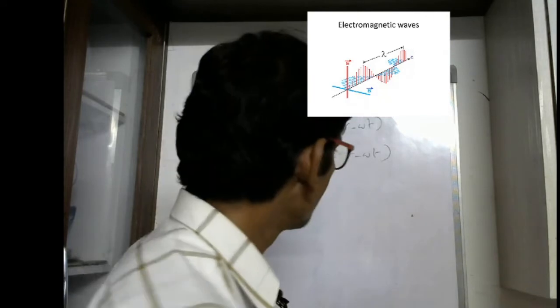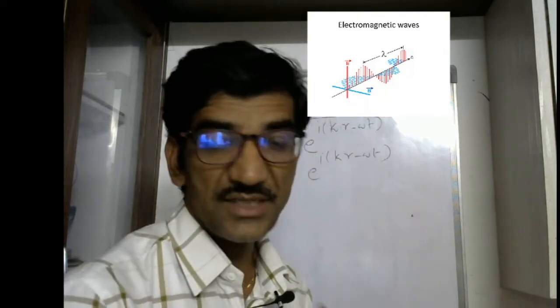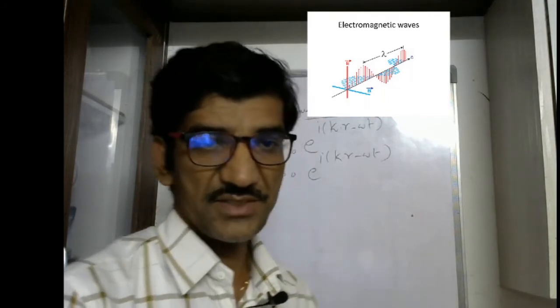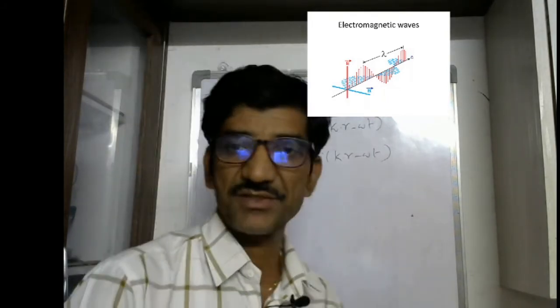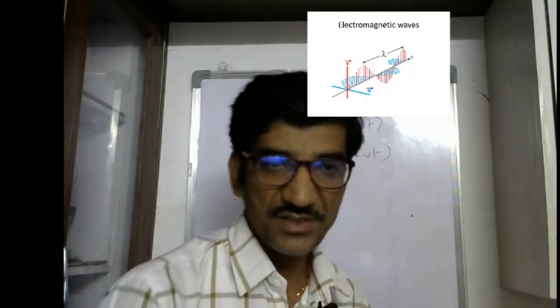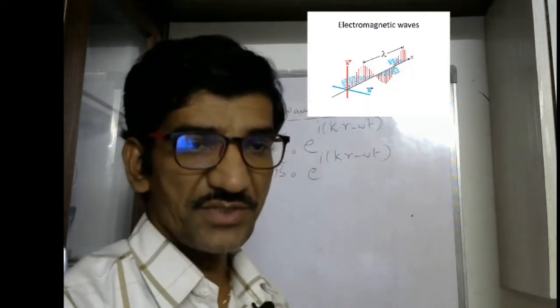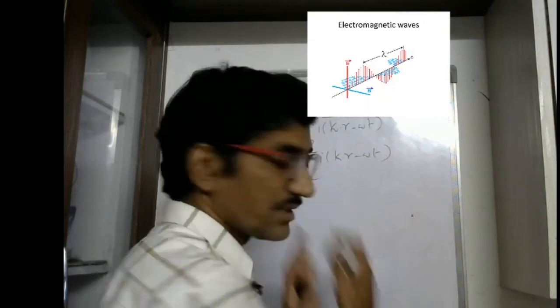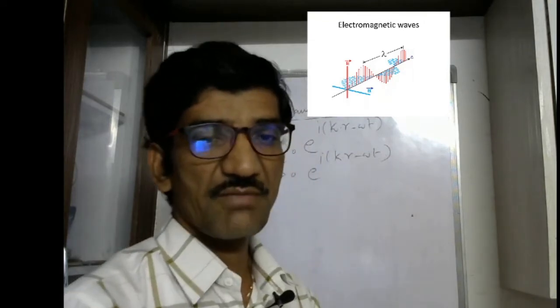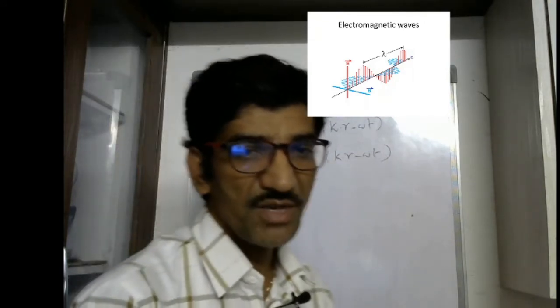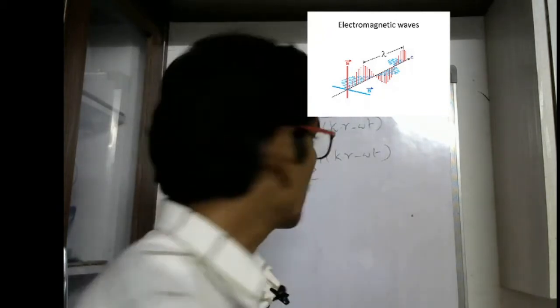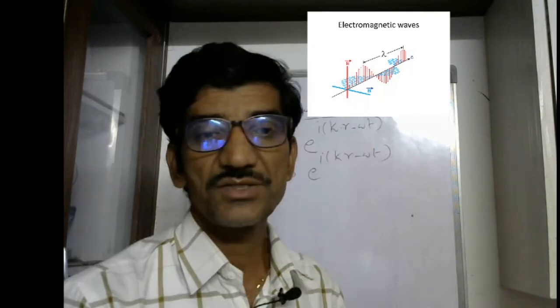These solutions satisfy those wave equations, but not simply Maxwell's equations. Why? Because Maxwell's equations are themselves producing the wave equation. If you substitute these solutions in Maxwell's equations, then those equations will give you some additional information, or put some additional constraints on these solutions.